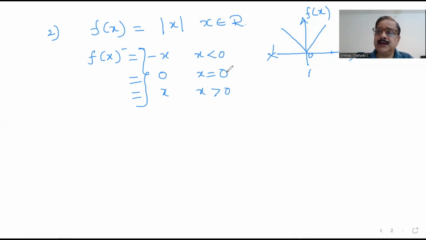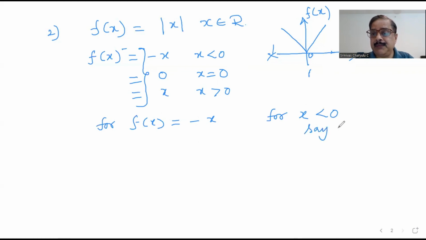Now in this, do you have a minimum value or not? We'll check. See here, when you define f of x is equal to minus of x, that means whenever x is negative, minus of minus. For x less than 0, say for example you take -1, then what value will you get?